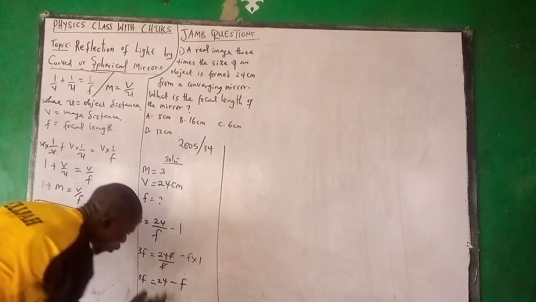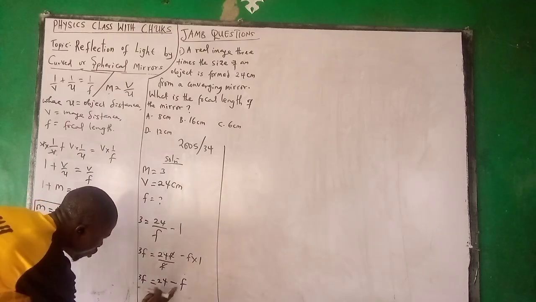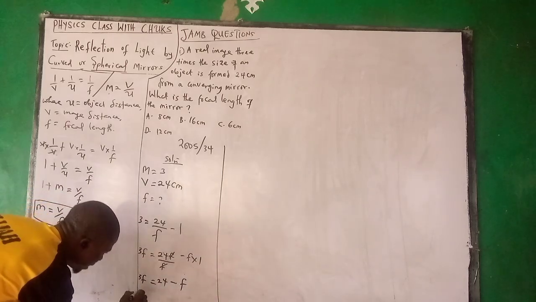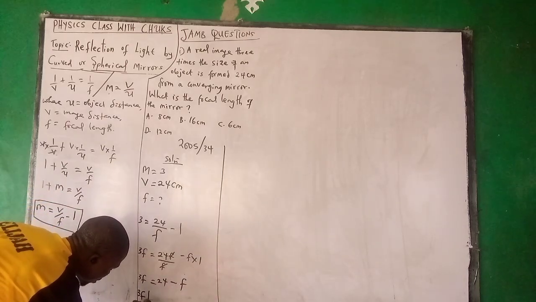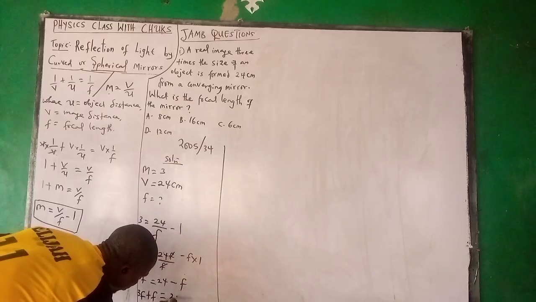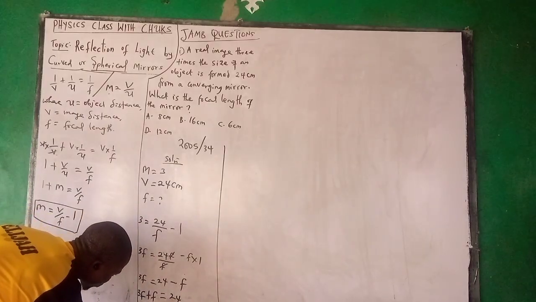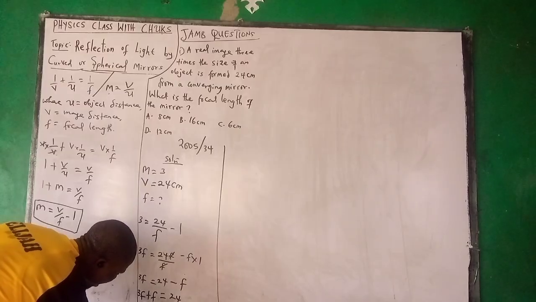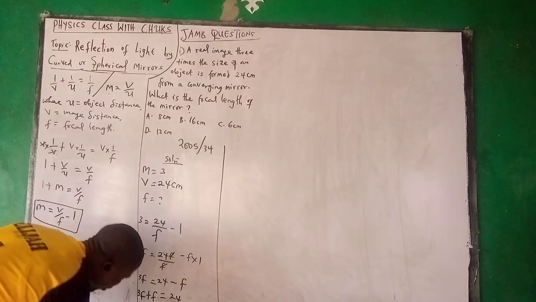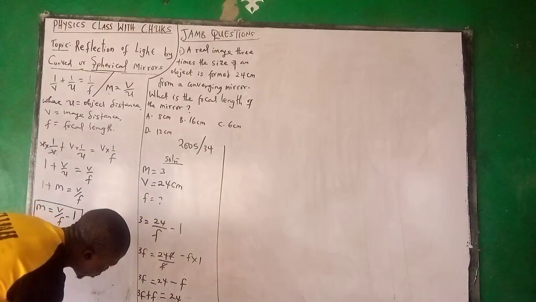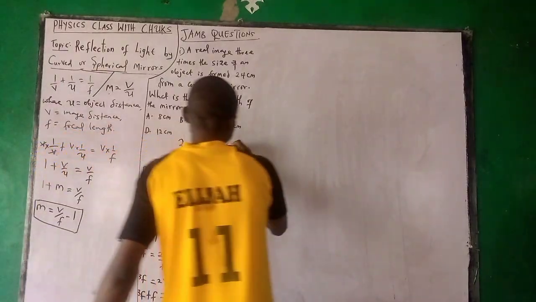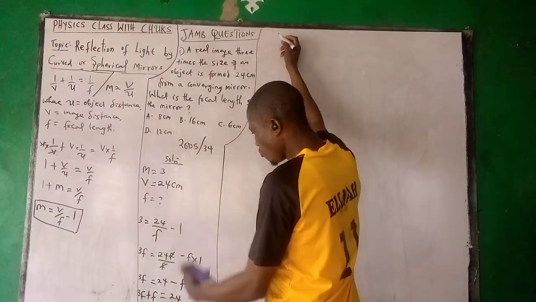I will collect my like terms. So minus F is coming inside. It becomes 3F plus F equal to 24. Add this together, you get 4F equal to 24. What next? I have to divide both sides by 4 now.